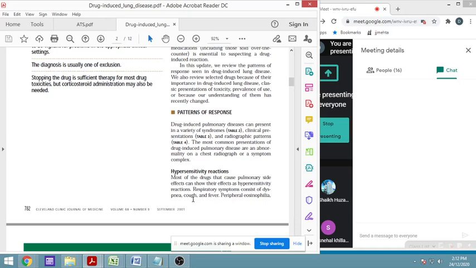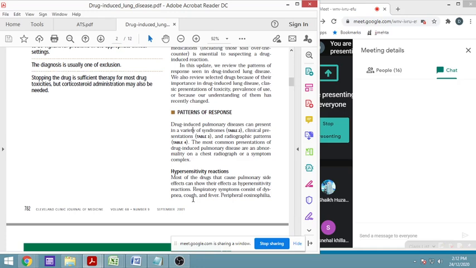Now how can we do it? Just like previously we have seen in case of COPD or other pulmonary problems or asthma, the measures are known to us.